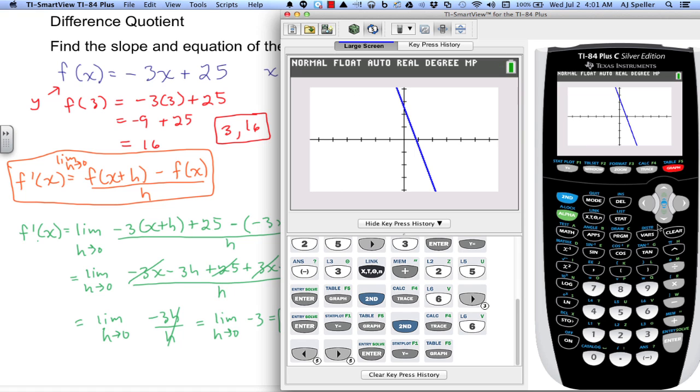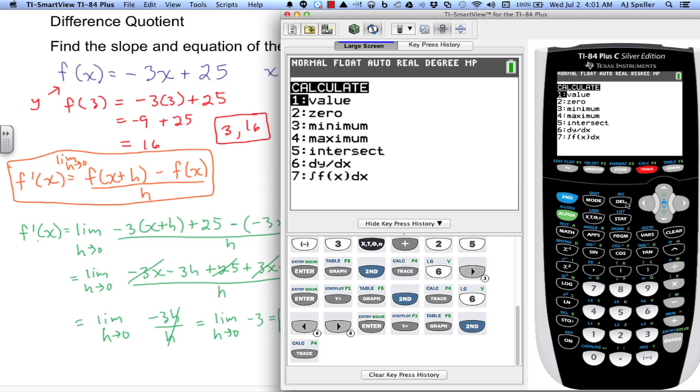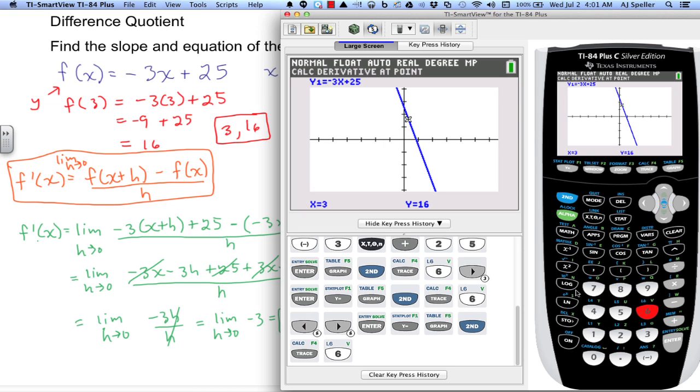You press graph to graph the function. Then you press second and then calc, which is the trace button, and you go down to 6, which allows you to figure out what the derivative is at a particular point. Here it's already set to 3. It's not usually going to be where you want it, so I moved it there. Once I press enter, we see that the derivative at the x value of 3 gives me negative 3.